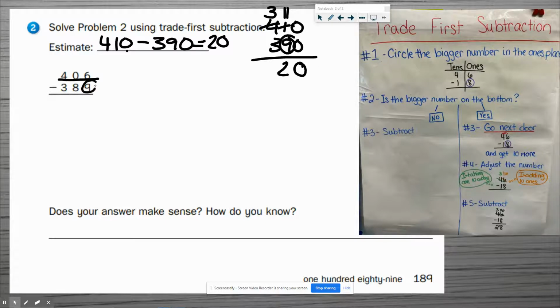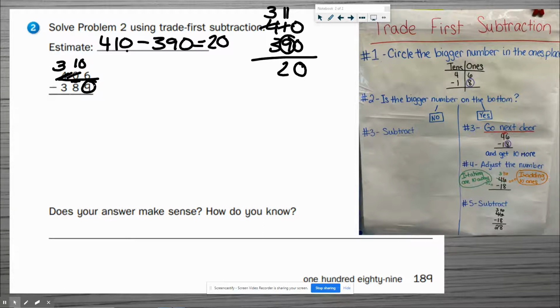So 9 is in the bottom, but when I look over here, I have 0 tens. Well, if I have 0, I can't take one of those away, so I need to get some. I'm going to go all the way to the hundreds, and remember, there are 10 tens in 100, so I'm going to take one of the hundreds away, and now this becomes 10 tens.